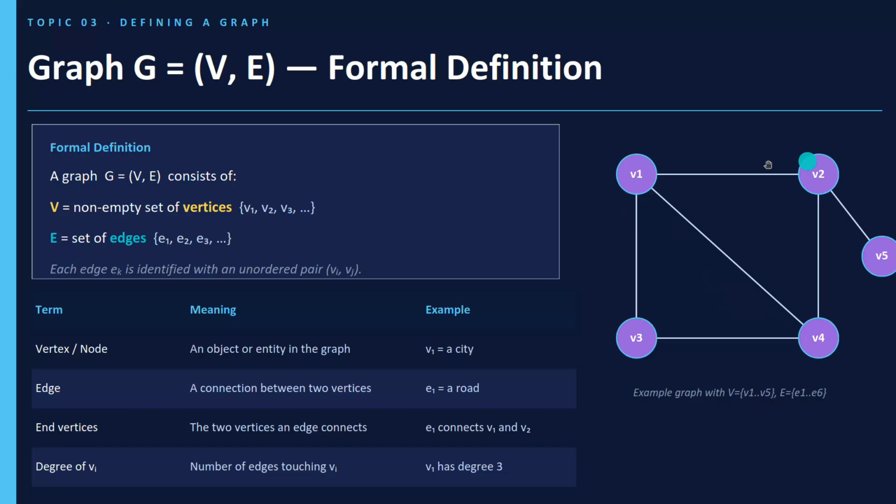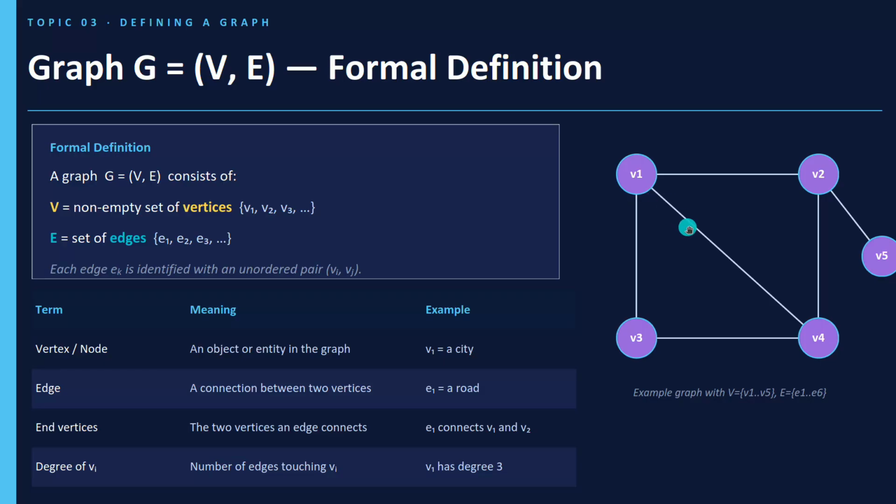So we have vertices, and the edge is the thing which is connecting vertices. Vertices can be an object or an entity, and what connects these two vertices is the edge. These are the end vertices, the two vertices an edge connects. That means if you have E1, it can connect two vertices, V1 and V2.